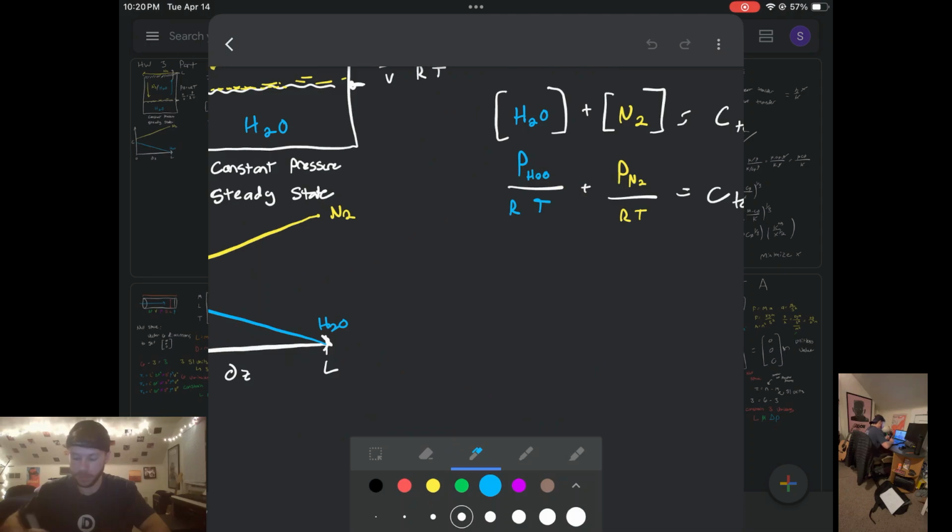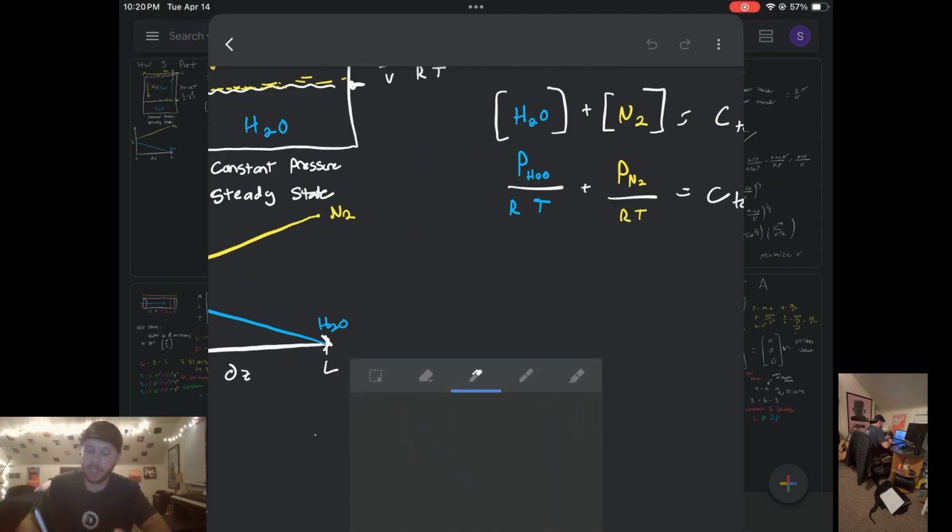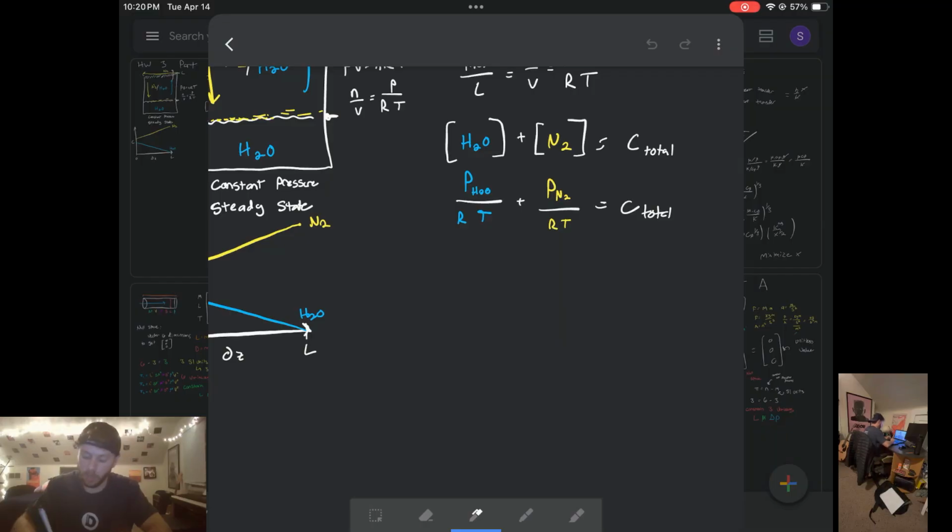To further observe this relationship, let's look at the overall molar flux.